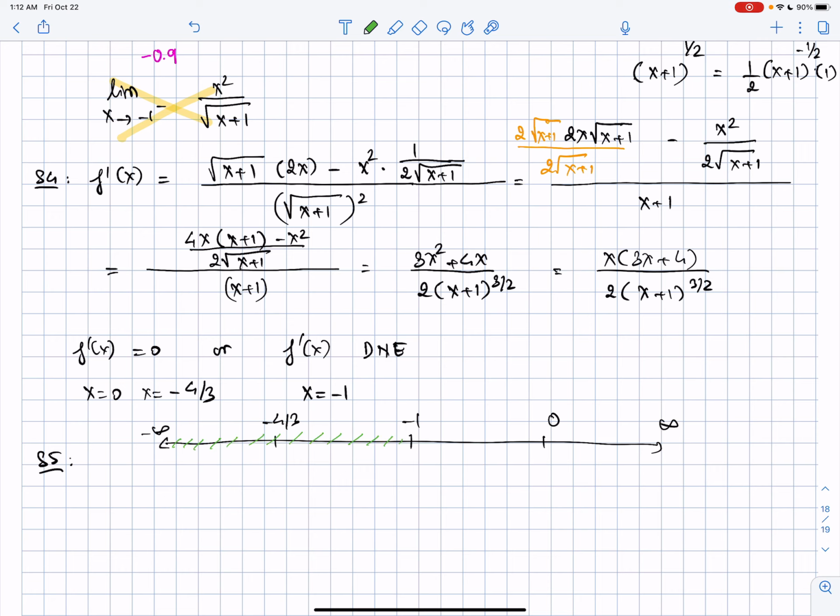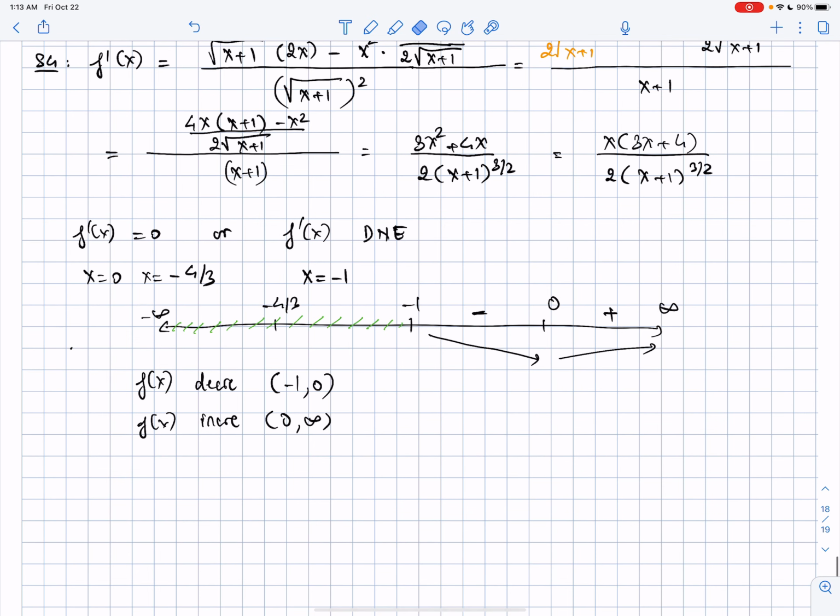So we can take out all of this from negative 1 on the left side, and we just test the point. We will get negative here and positive here. So the function f of x decreases from negative 1 to 0, and f of x increases from 0 to infinity.